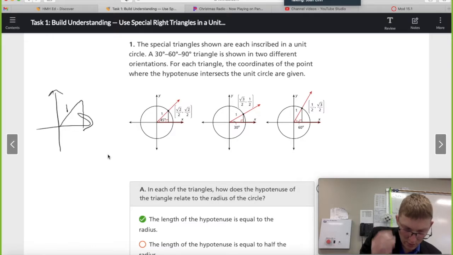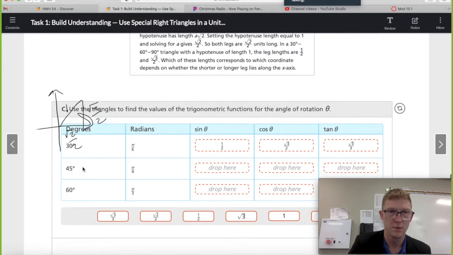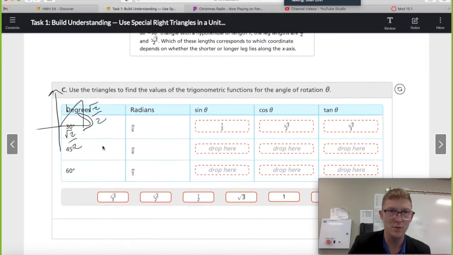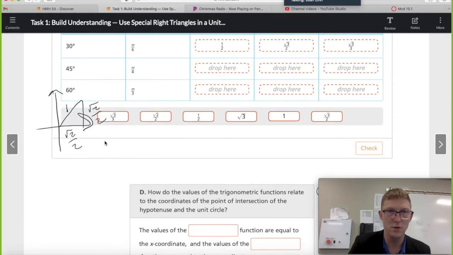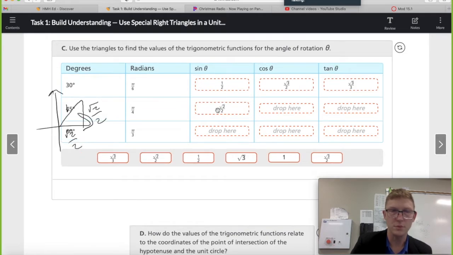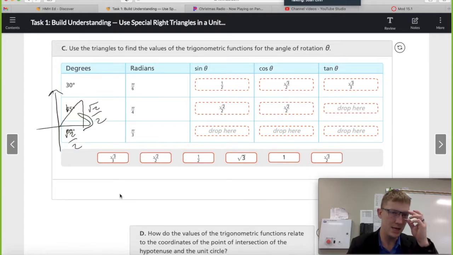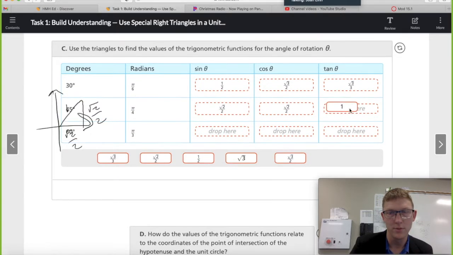So our hypotenuse is 1, and both of our values are going to be square root of 2 over 2. So the sine is going to be the opposite over adjacent, so that's square root of 2 over 2. Cosine is going to be the same, and tangent is going to be this over that. They're the same number, so they will cancel out.